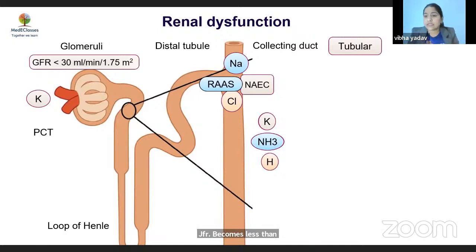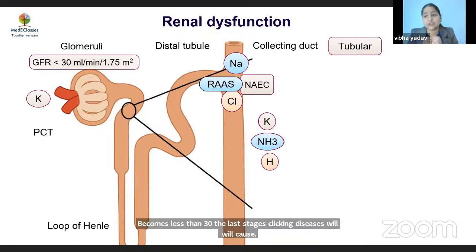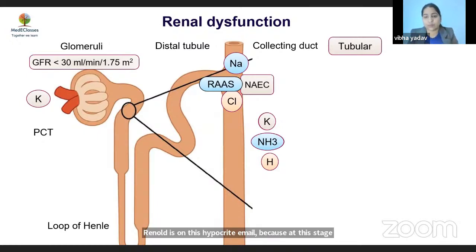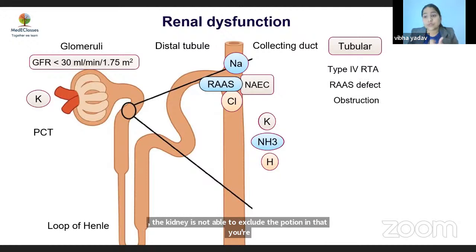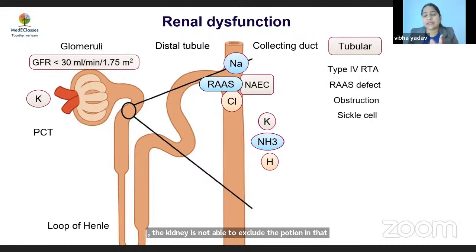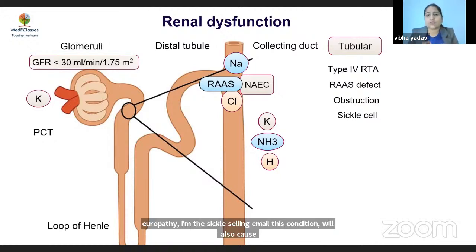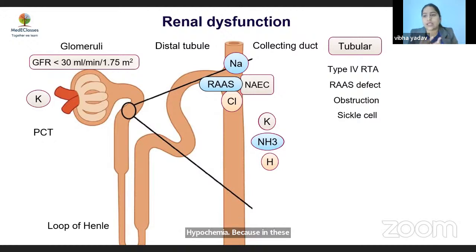The last stages of kidney disease will cause hyperkalemia, because at this stage the kidney is not able to excrete the potassium. Tubular conditions like type 4 RTA, RAS defect, obstructive uropathy, and sickle cell anemia will also cause hyperkalemia, because in these conditions also the kidney is not able to secrete the excess potassium.